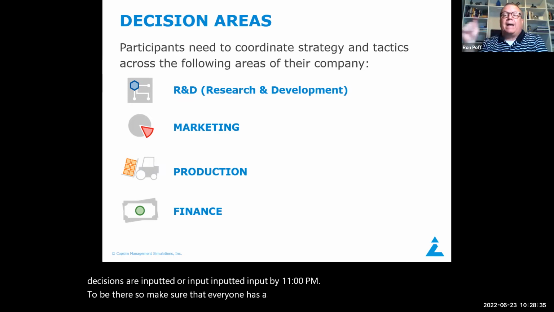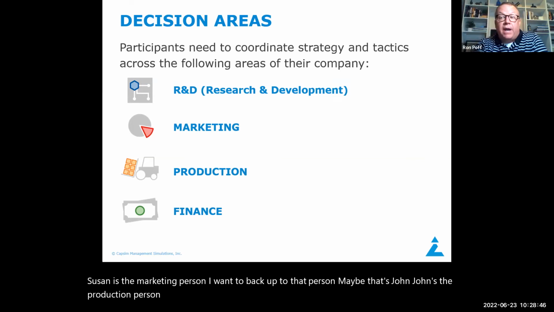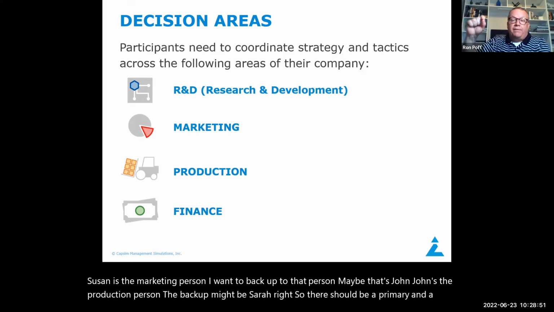I also want a backup, right? So if Susan is the marketing person, I want a backup to that person. Maybe that's John. John's the production person. The backup might be Sarah, right?